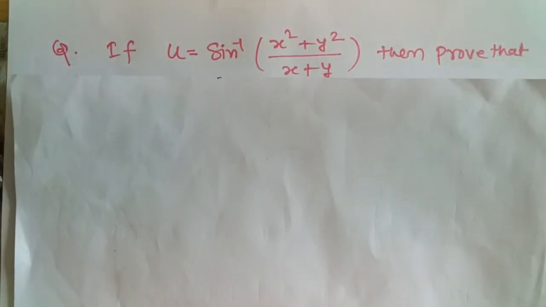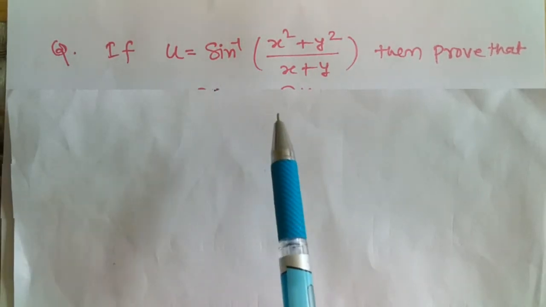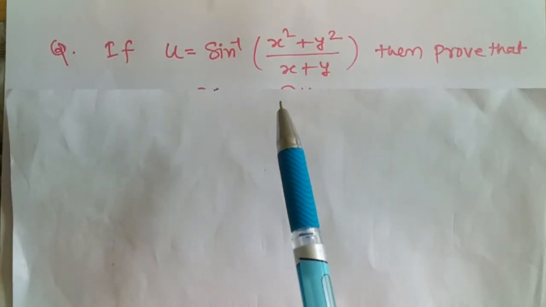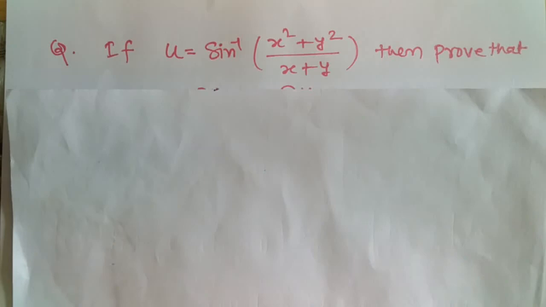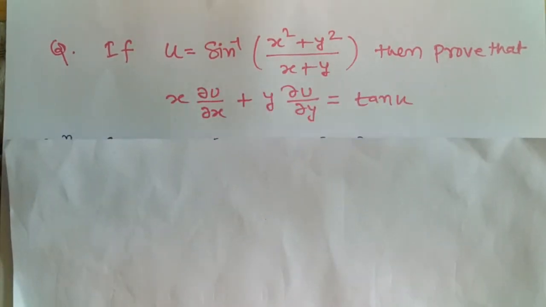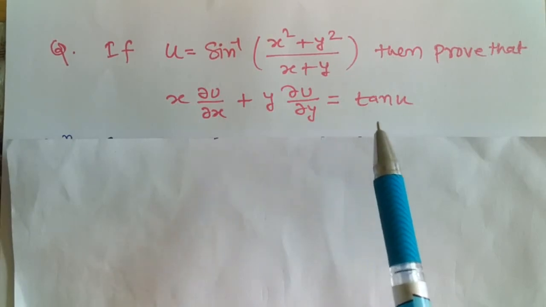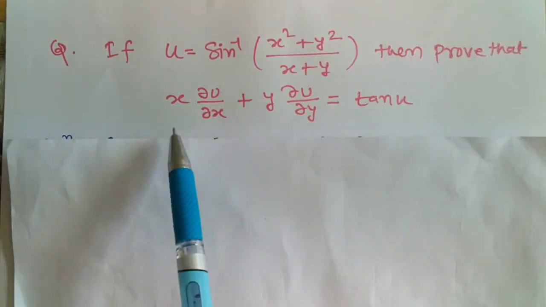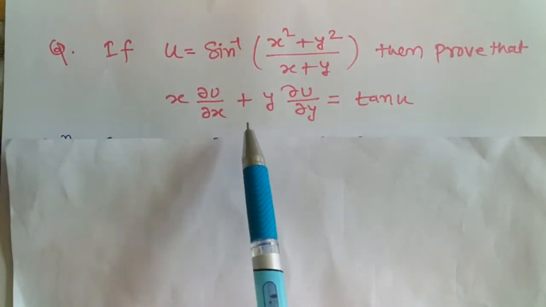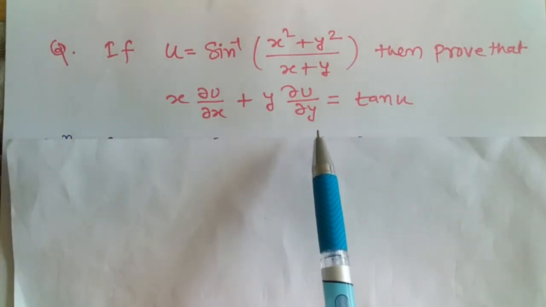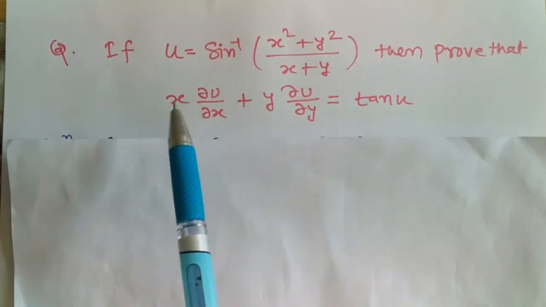So the question is, if u equal to sine inverse of x square plus y square upon x plus y, then prove that x del u by del x plus y del u by del y is equal to tan u. So this expression x del u by del x plus y del u by del y is of the form of Euler theorem.